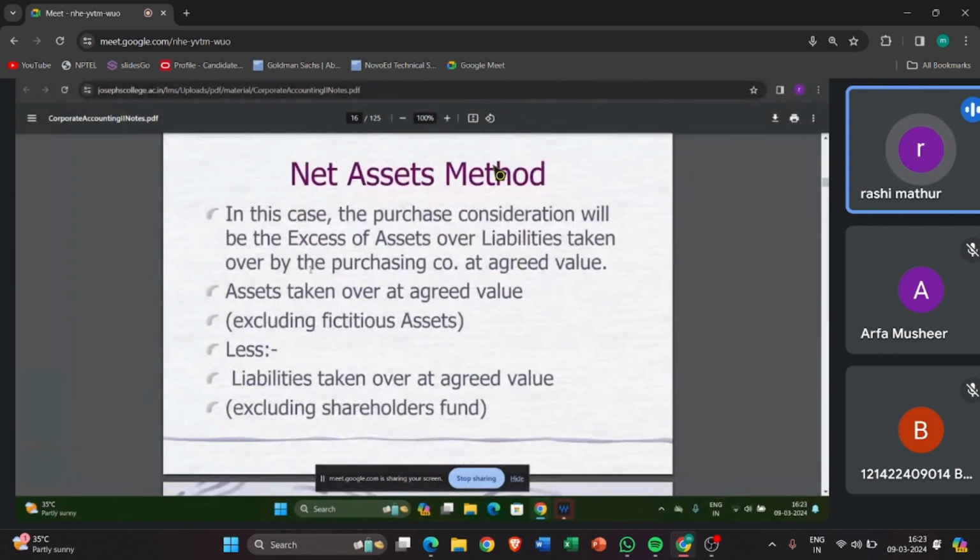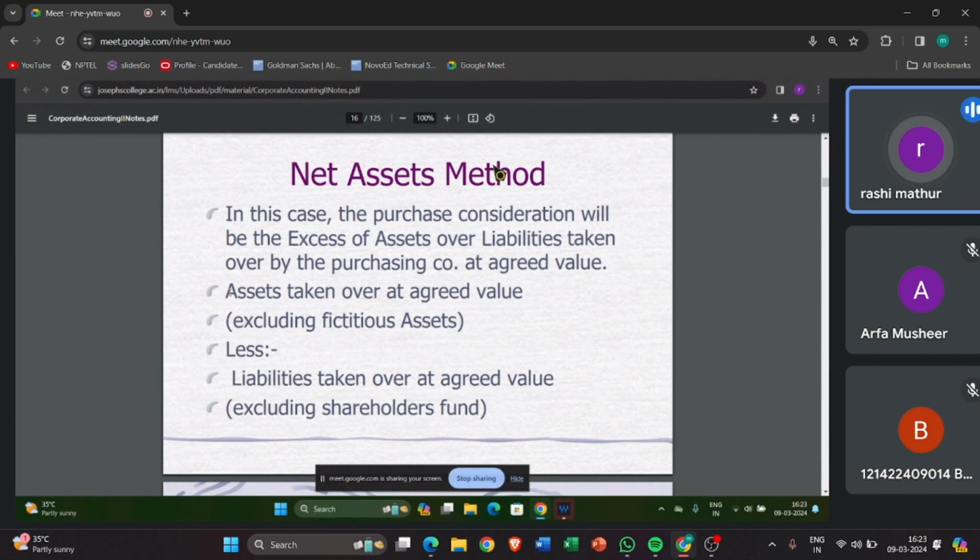Second one is the net assets method. We all know the transferee company, the purchasing company, will take over the assets and the liabilities, right? So net assets, we know, is nothing but the excess of assets over liabilities. So what is the purchase consideration I will pay you?